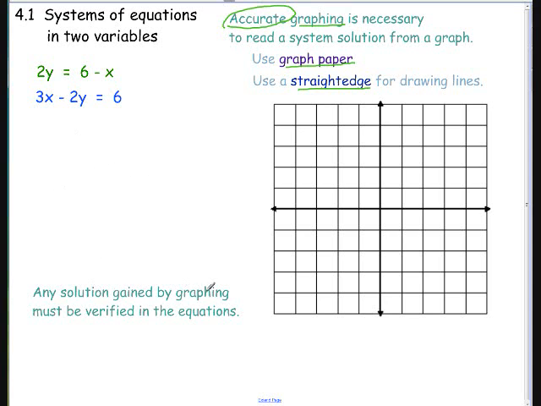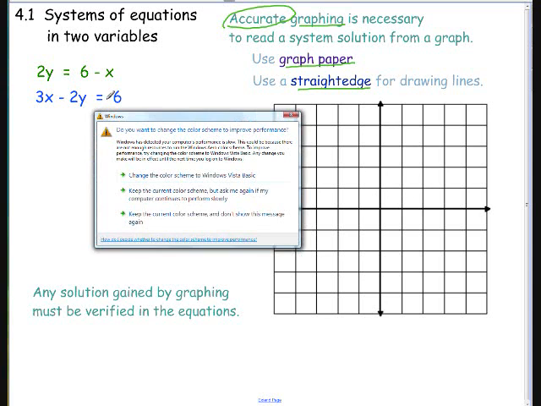Any solution gained by graphing must be verified in the equations. Why do you suppose that is? Graphing will show us where we think the answer is, but we might be off just a tiny bit.